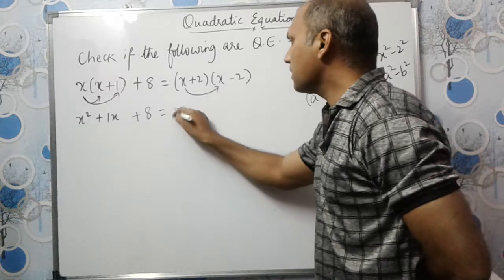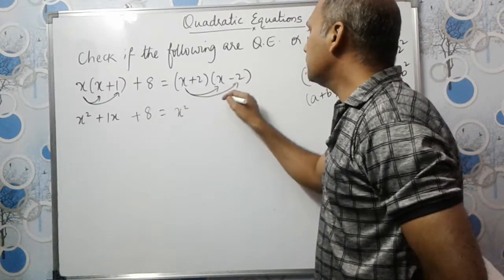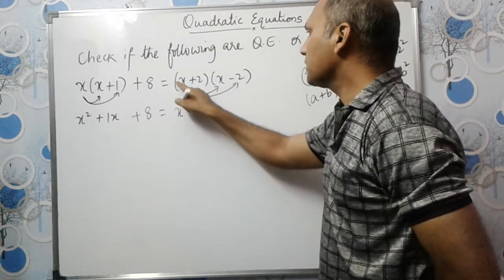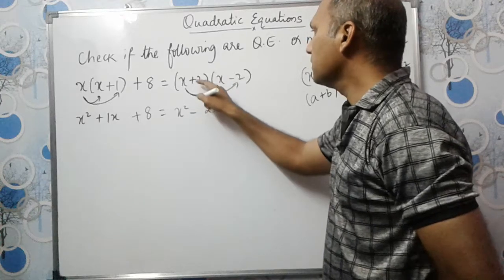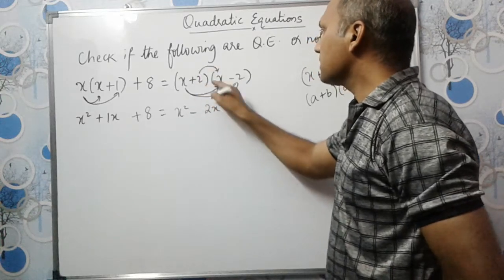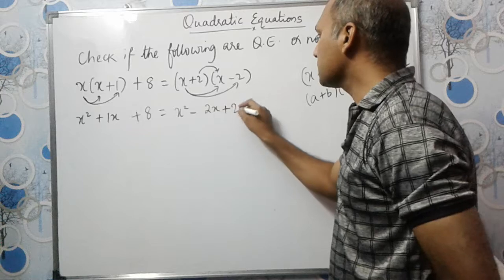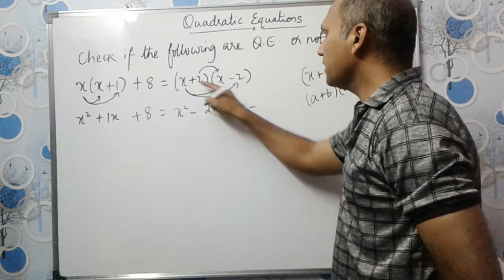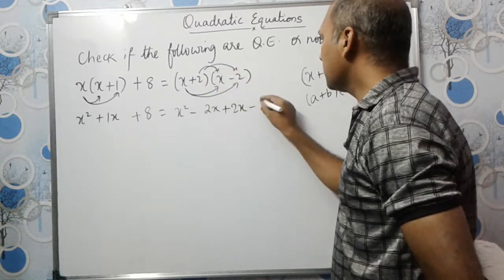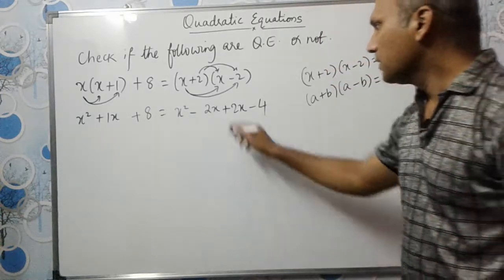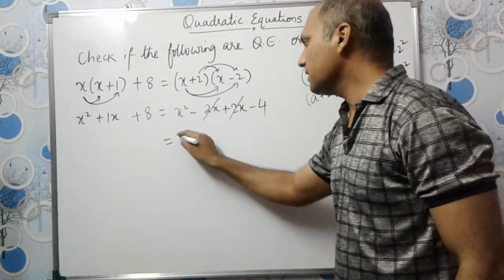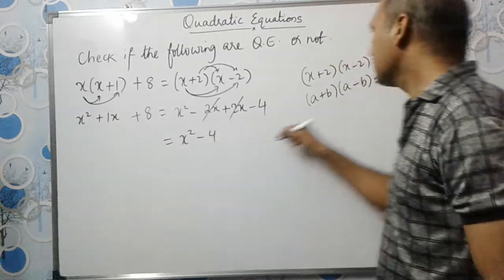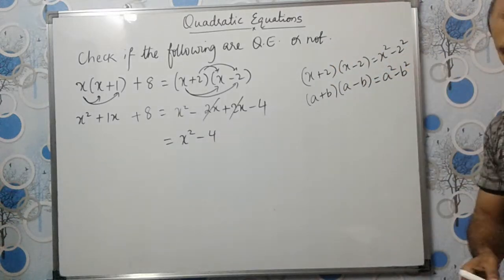X into x is x square. X into 2 is 2x with minus sign, because plus into minus is minus. Now 2 plus into plus is plus, 2 into x is 2x, plus into minus is minus, 2 into 2 is equal to 4. So this minus 2x plus 2x will get cancelled. We'll have the same thing, x square minus 4. So this was also x square minus 4, right?